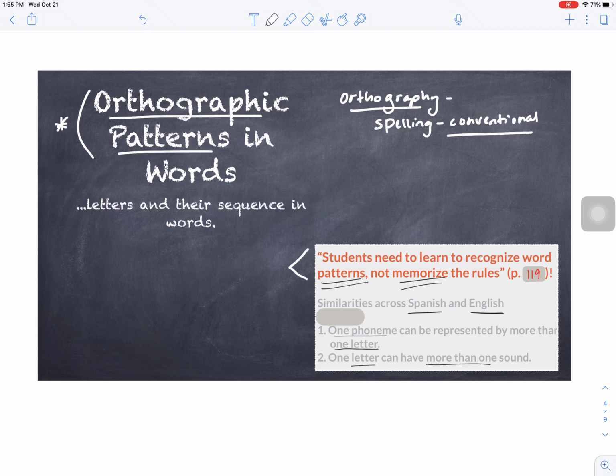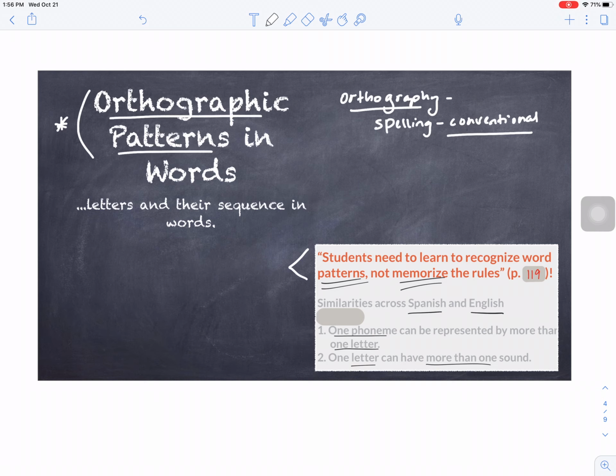So if we teach patterns, then we can teach students that there are often similarities across words. We can see patterns in how they're spelled. But that gives students the freedom to recognize when something doesn't fit the pattern. That's okay, because we aren't telling them that spelling is all memorization or rules based.